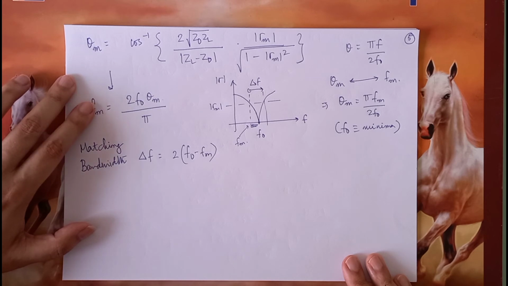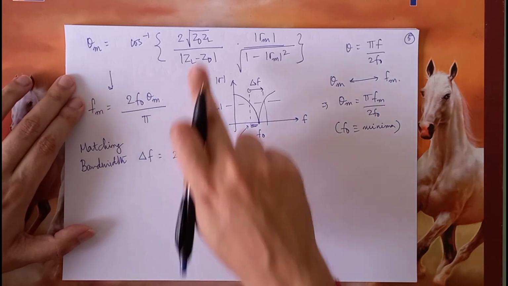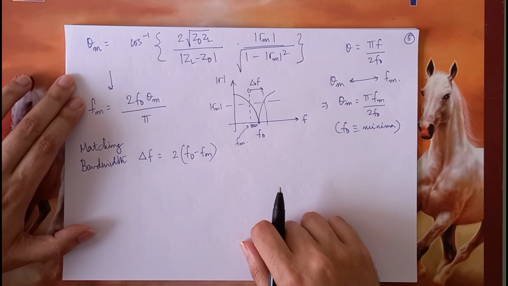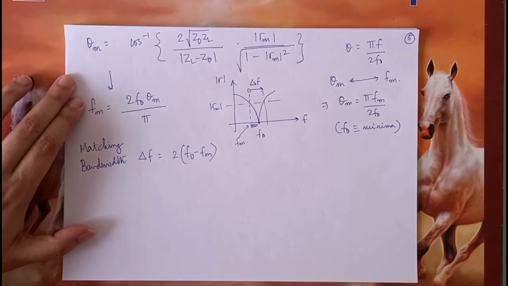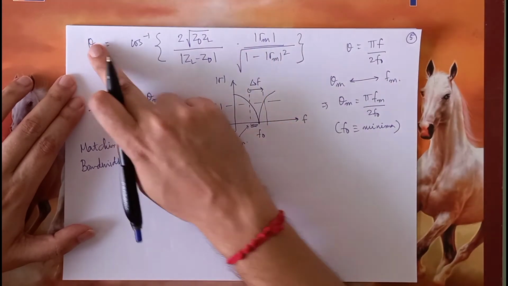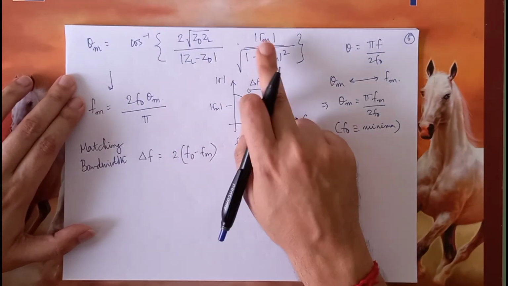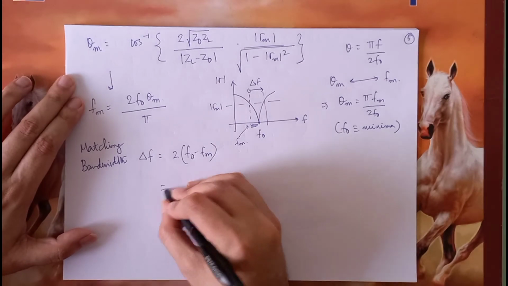So we have this, and all we have to do now is substitute theta m over here and just get what the bandwidth is.